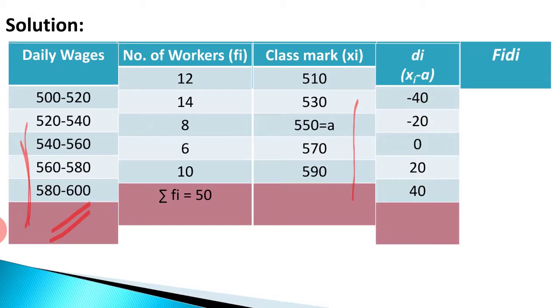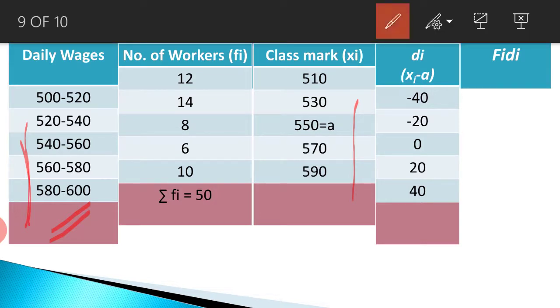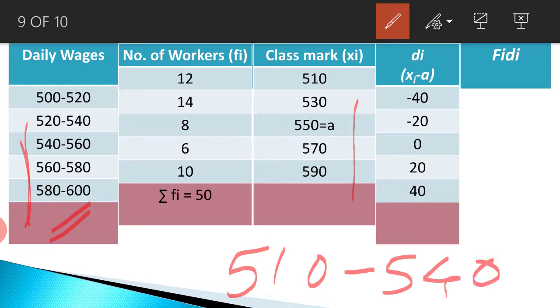Now this difference is actually xi minus a. What is xi? It is shifting a little, but you can understand. So 510 minus 550. What is the answer? It will be minus 40. Why 550? Because we have assumed the mean to be 550. Is it okay?